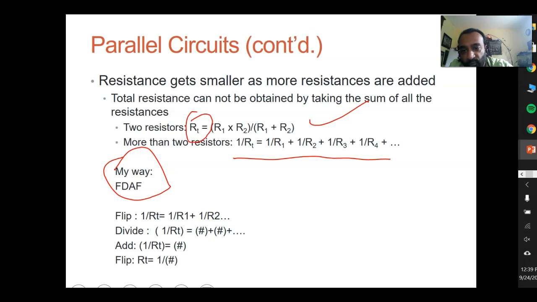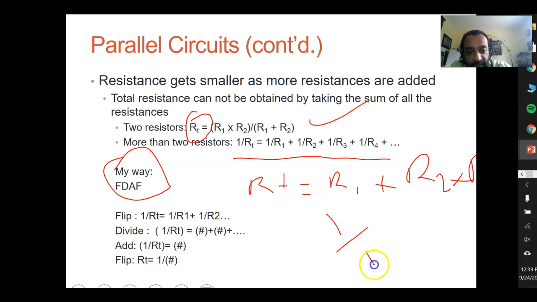So I will start with R total equals R1 plus R2 plus R3, and I flip. By flipping I mean you divide 1 by the value, then you divide. So I did the flipping, you divide, so you get a number, so you have to transform from fraction to decimal, which makes things a little bit easier. Then you add the total numbers, you get a total number over here, and you still maintain the equation the same way it is, 1 over RT. Then you finally flip again, which is dividing 1 over the number you got from here.